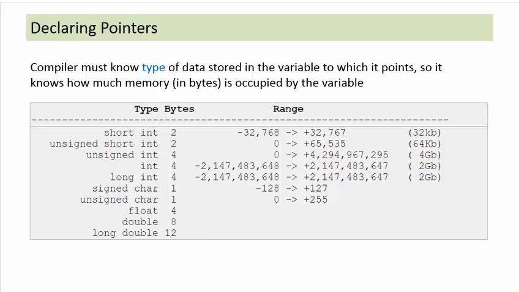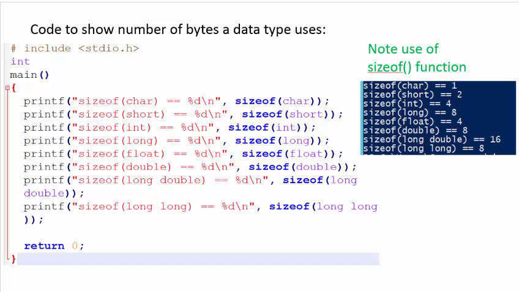Actually, you can see with this piece of code here how much memory each data type takes to store in your computer's memory. We use the sizeof function, which is included in the standard I/O library, and you say sizeof character, for example, and it gives the answer in the number of bytes it takes to store a character.